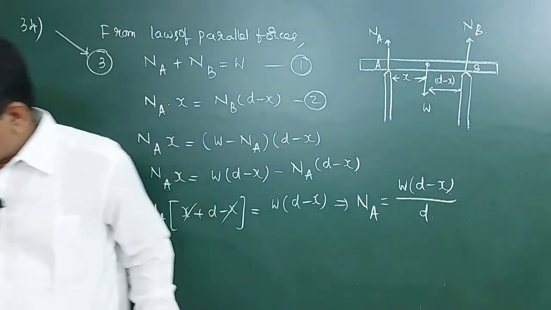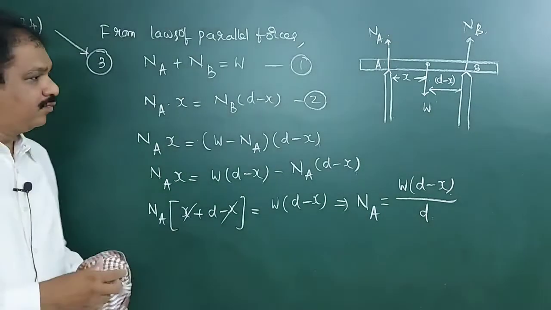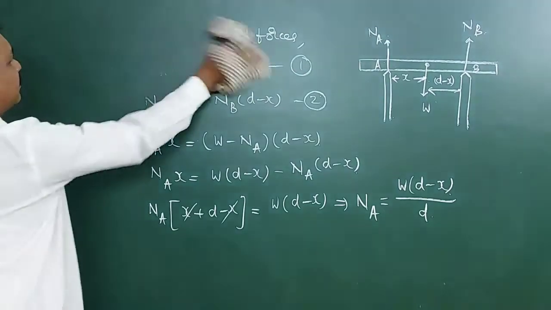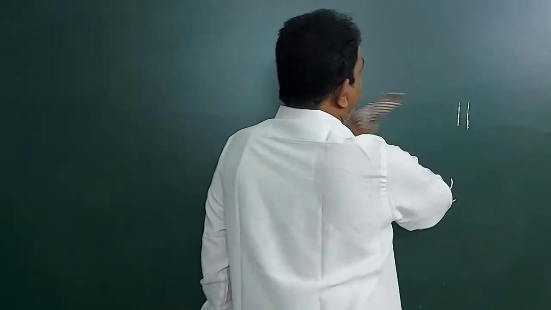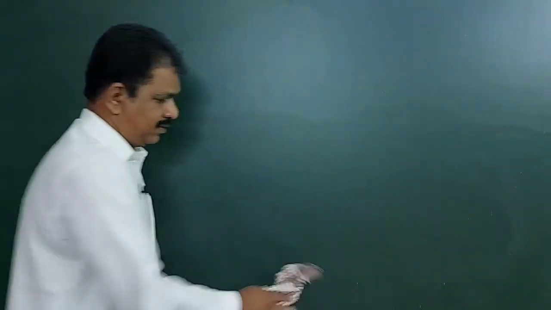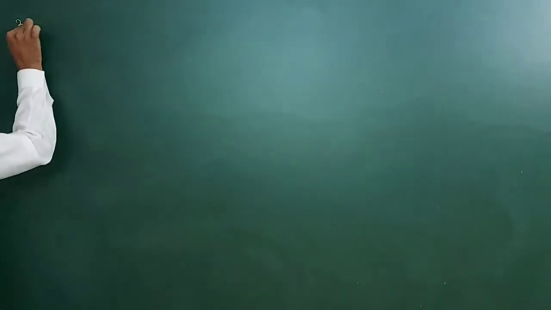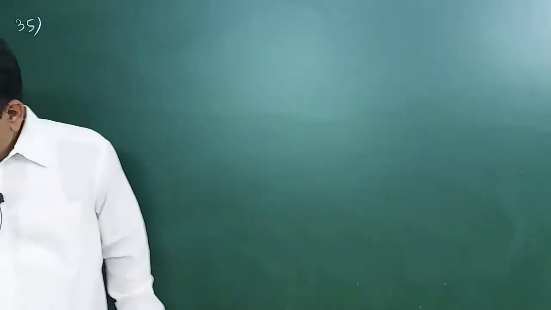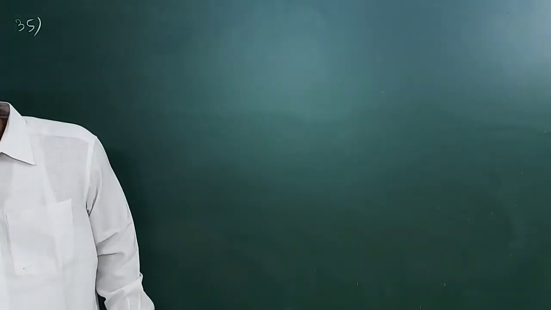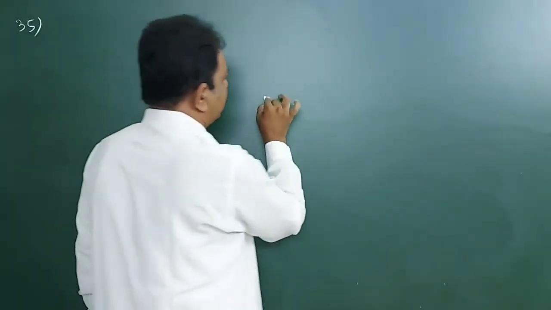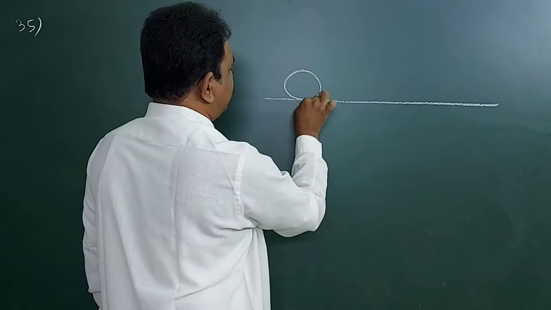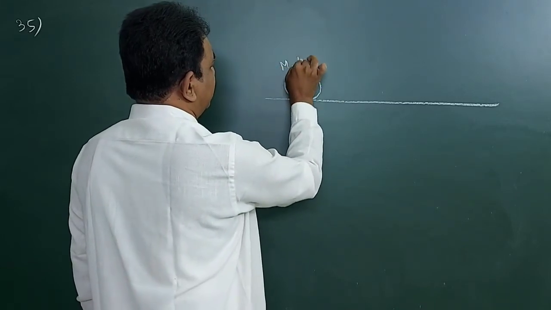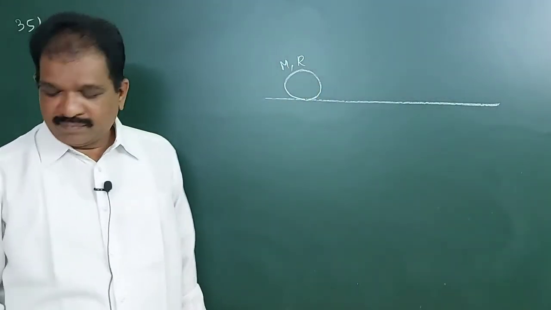Clear? Next, 35. What are they asking? Here two spheres are there. There is a sphere of mass m, radius r.